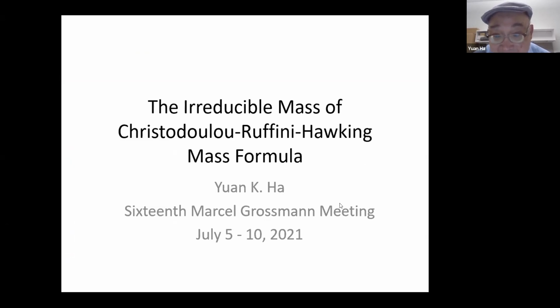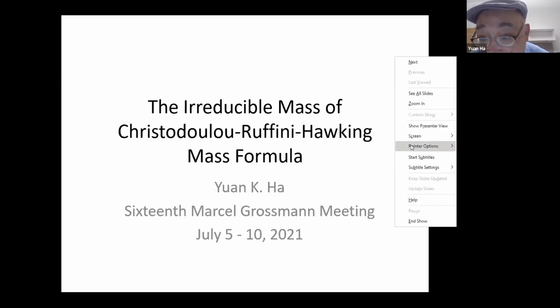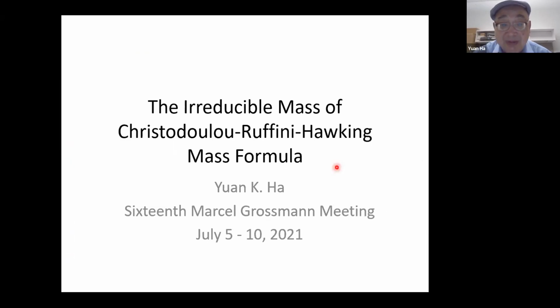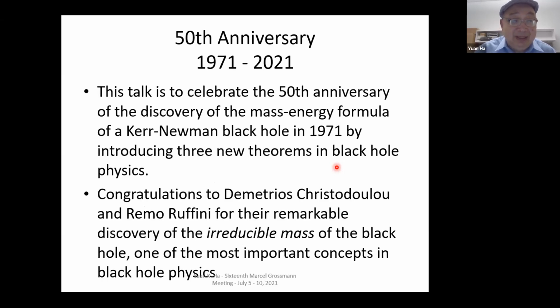So this is the title of my talk: the irreducible mass of Christodoulou, Ruffini, Hawking mass formula. Now, this talk is to celebrate the 50th anniversary of the discovery of the mass energy formula of a Kerr-Newman black hole in 1971 by introducing 3 new theorems in black hole physics.